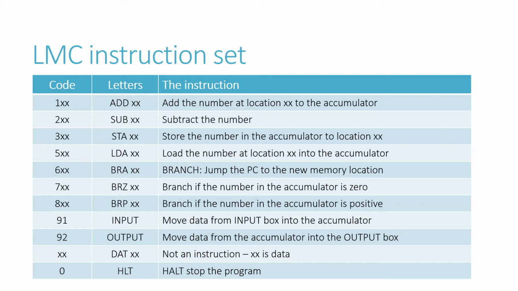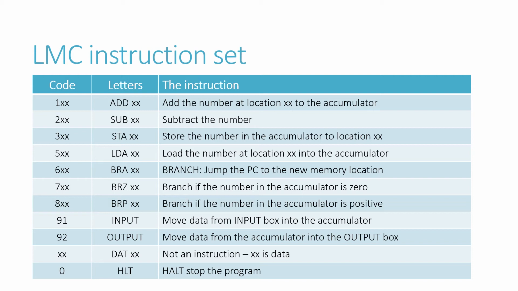For example, if we look at the first of these instructions, if the Little Man computer reads the instruction 1, he knows he's got to add a number to the accumulator. Or we might write it with the word add, A-D-D. You'll see that in both cases I've followed that instruction code with a little XX.